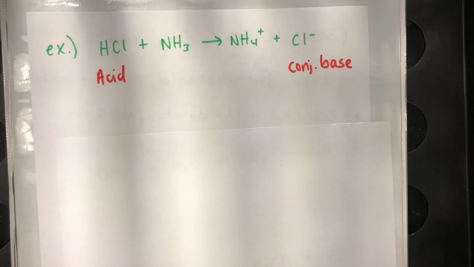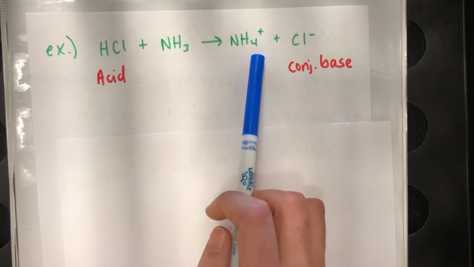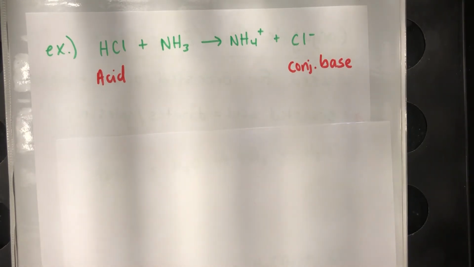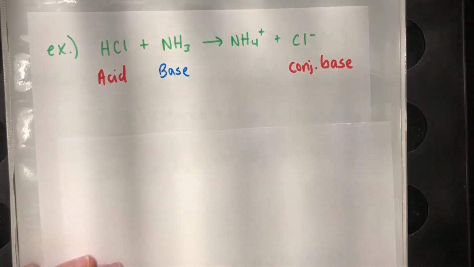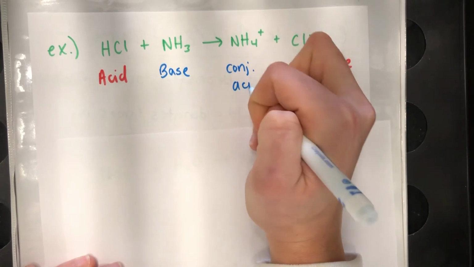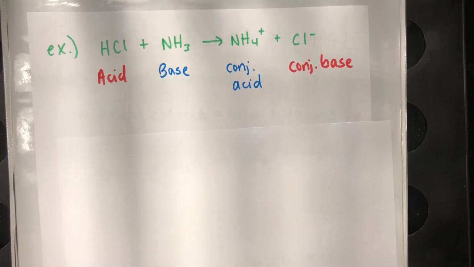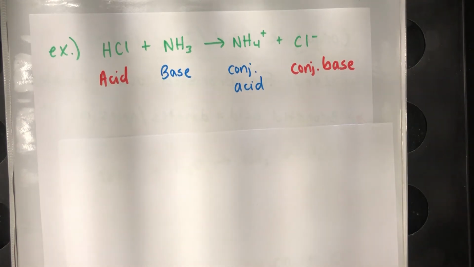Okay, so then obviously our other substance here must be the base, but just to double check, bases, remember, accept or gain a hydrogen. So here we see NH3 turns into NH4+, so it did gain hydrogen. Okay, so then that means that this was our base. And remember, the base pairs with your conjugate acid, which again, read it in reverse. Acids will lose, so convert it back, and it loses that hydrogen on the other side.